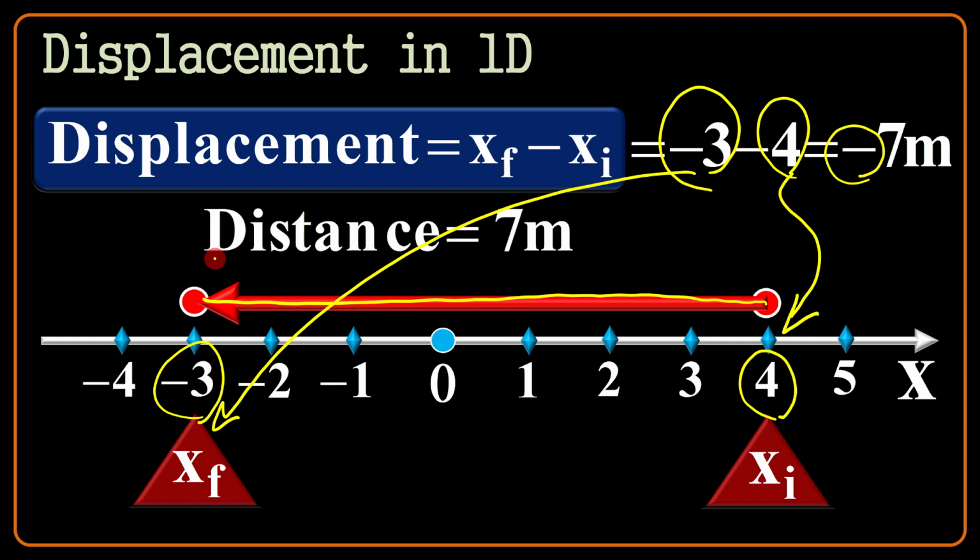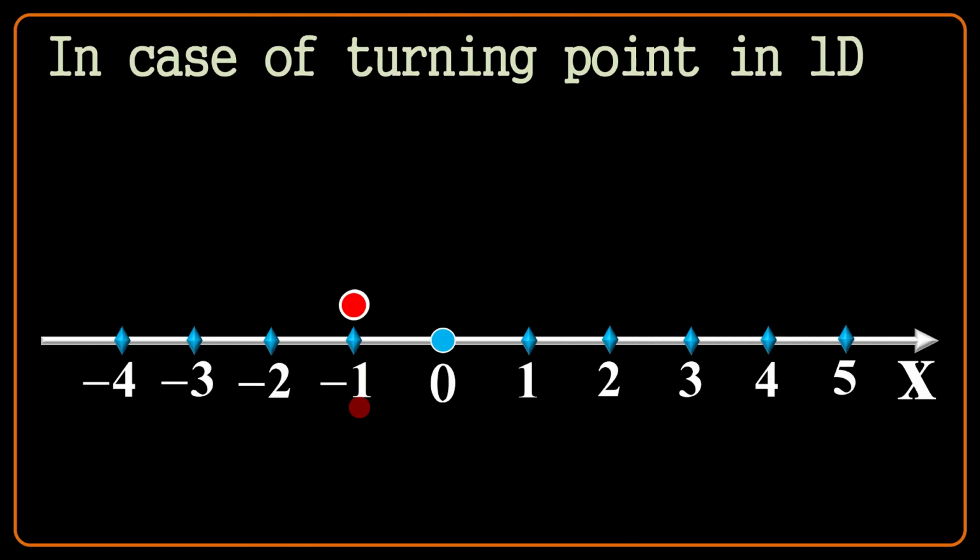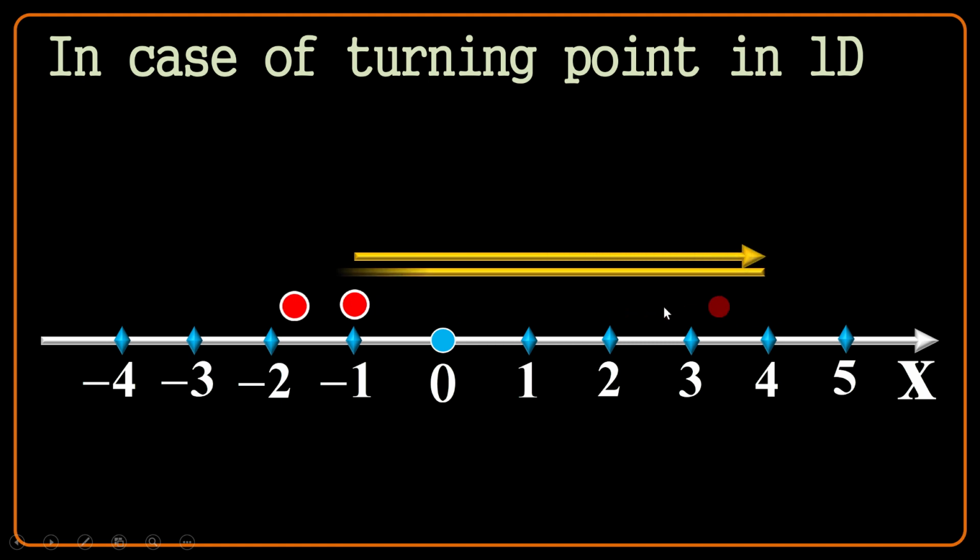What if I have a turning point? Suppose that the object starts from -1, goes to the right, stops at 4, then it goes back. 4 is a turning point. The beginning point is -1 and the final position is -4. It's a destination. So the displacement vector is a vector to the left.